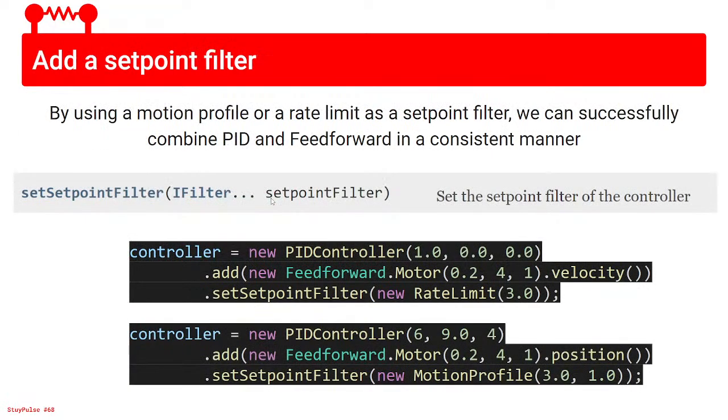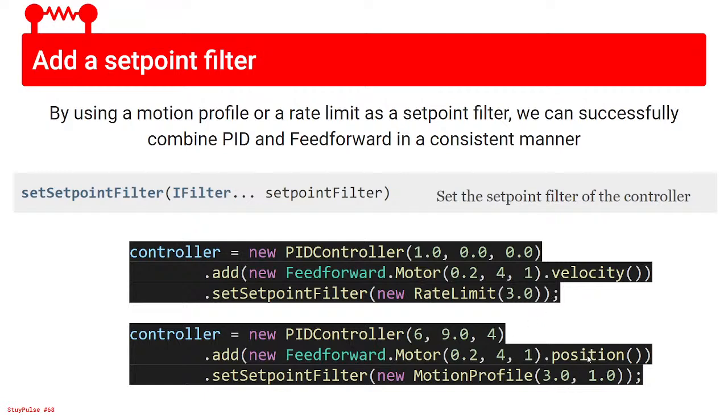And this is what I mentioned before. You can also add a set point filter on top of what you have already. So for the feed forward that's dedicated to velocity, because I call dot velocity here, I do set point filter new rate limit.